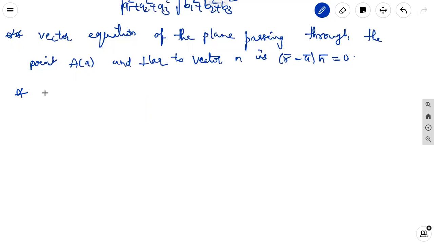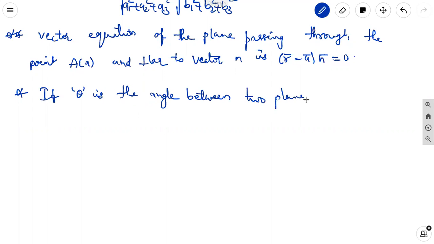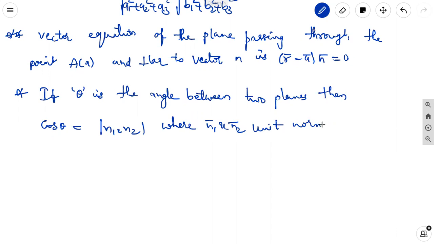Next point. If theta is the angle between two planes, then cos theta is equal to modulus of n1 dot n2, where n1 and n2 are the unit normal vectors of the planes.